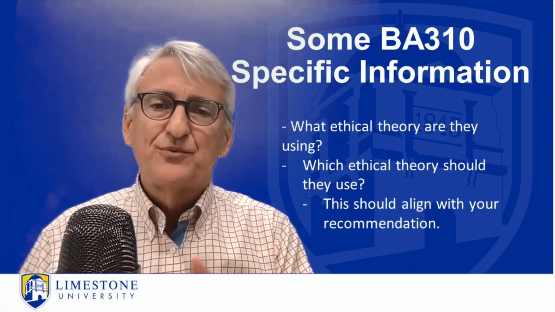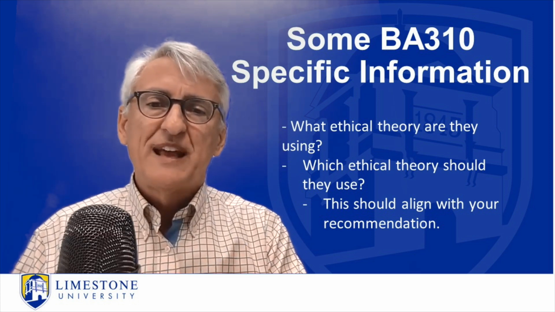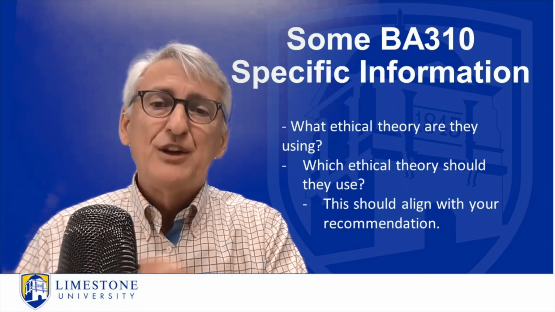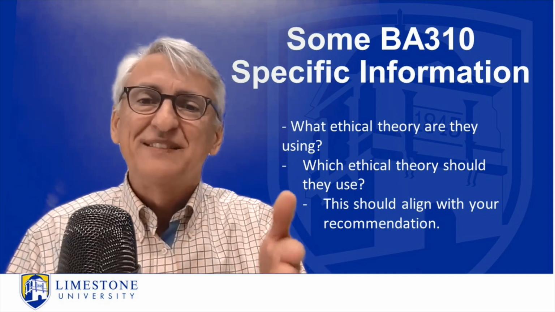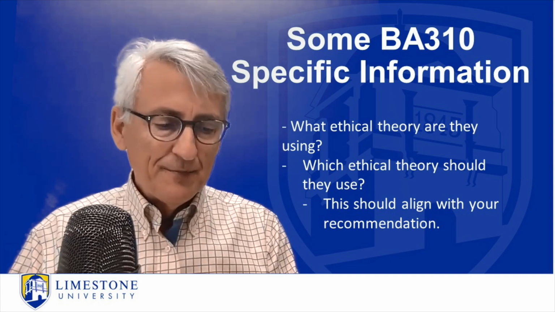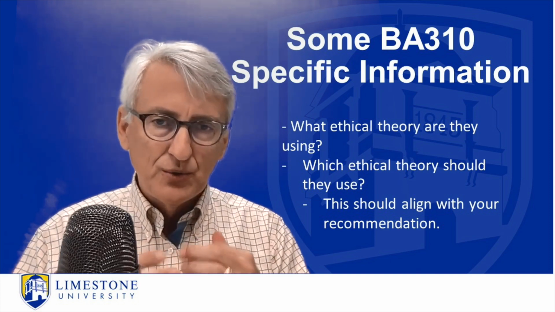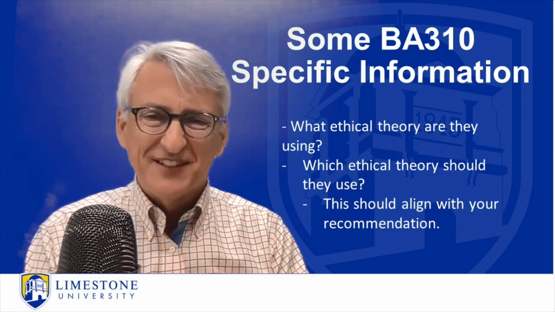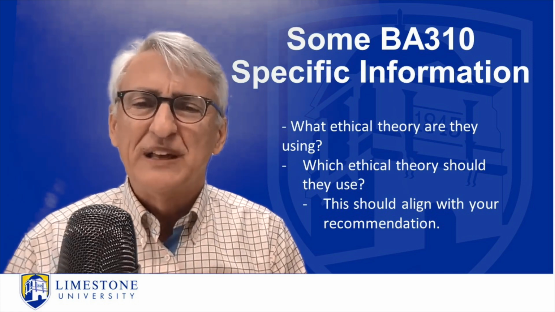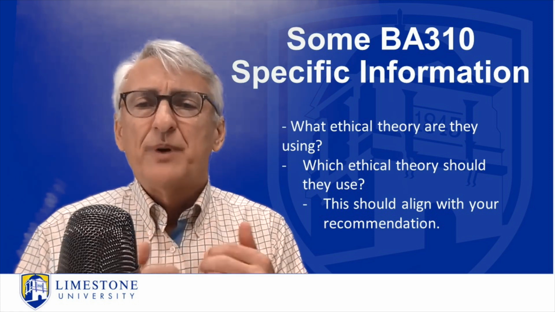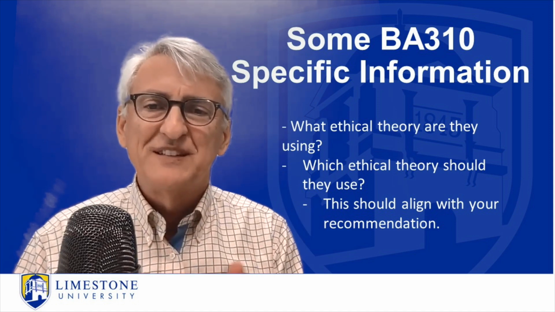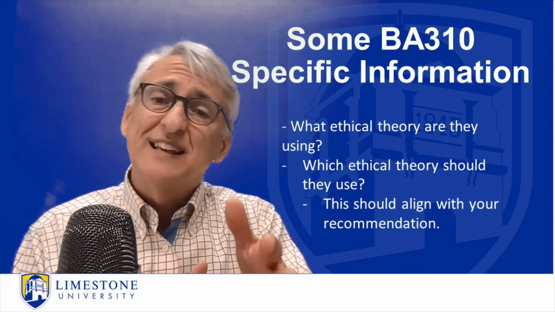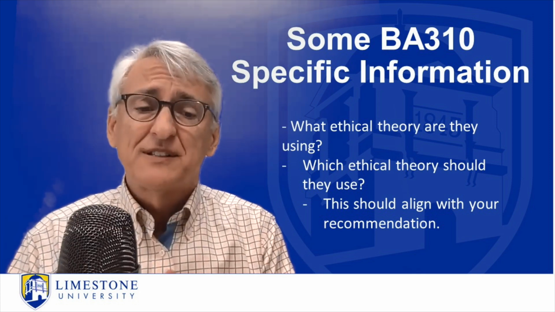And in that case, really, your recommendation that you came up with should be tied to the ethical theory that you're saying that the company should use. So those are really the two different things that we're asking you to do in this case study. But you can get a lot more specific information on all the different questions and things to ask that are being asked in this specific class out of the syllabus.